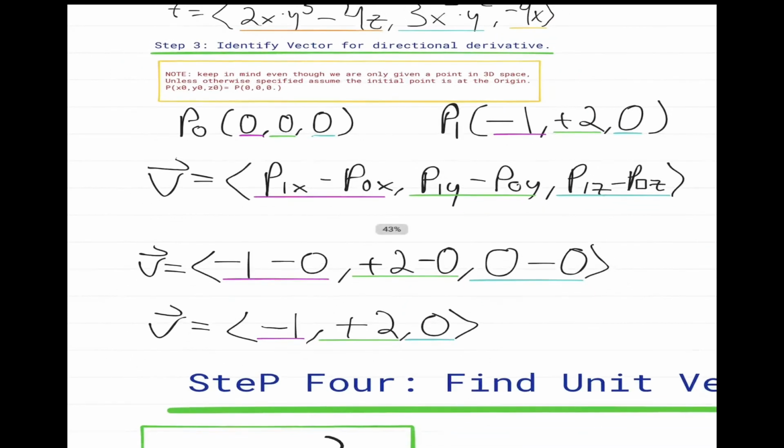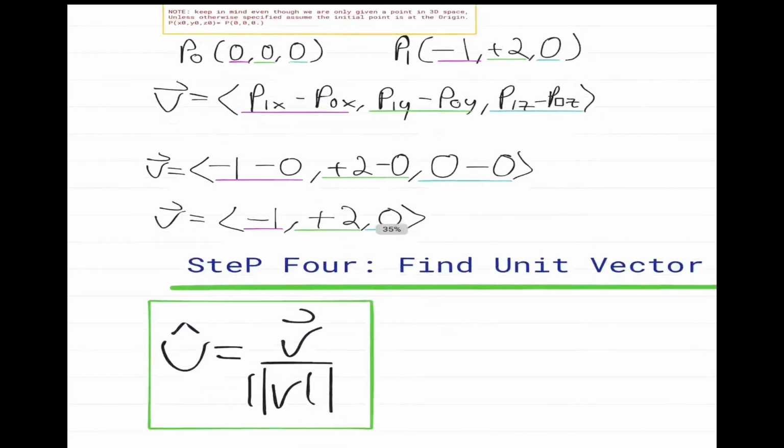So in doing that, to find the vector, we subtracted the final point minus the initial point, p1 of x minus p0 of x, etc. It was just subtracted by 0, but you still have to show that step because it's a point, and directional derivatives act along vectors, not single points. So keep in mind that you always have an initial point of 0, 0, 0 unless otherwise specified, and the line between that origin and the point is called a vector.